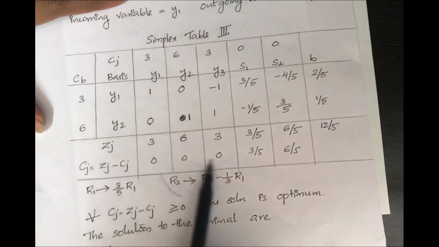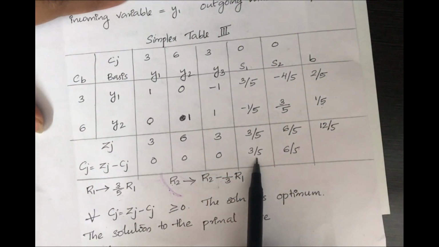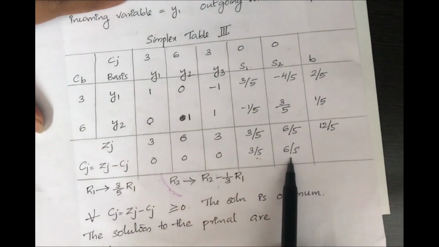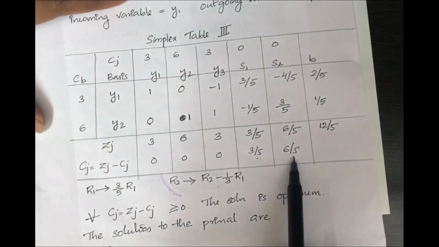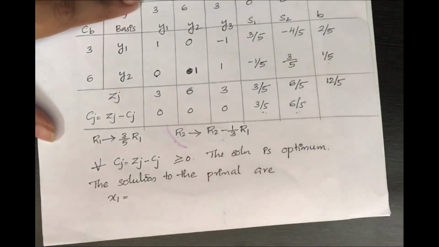Look at the Zj minus Cj values of s1 and s2. What is s1's Zj minus Cj? 3 by 5. This is the solution of x1. Then what is s2's Zj minus Cj? 6 by 5. This is the value of x2.